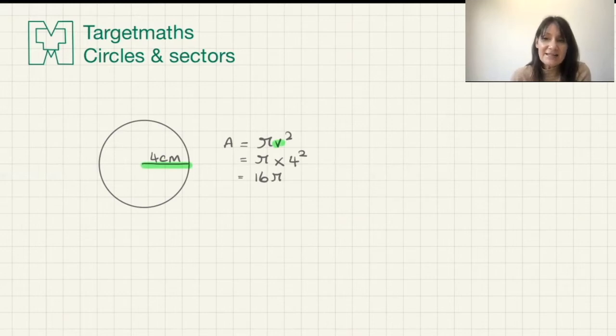And that answer is what they describe as being in terms of pi. And every now and again, you could see this question on a non-calculator paper asking for an answer in terms of pi, because it genuinely isn't that hard to do.